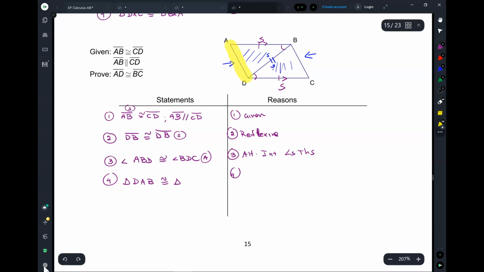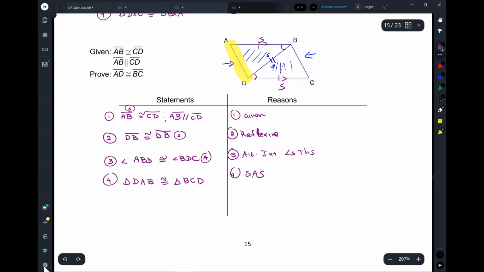I started from here and go BCD, because look, I started next to this angle. So BCD this way. Okay. Will that be SAS? It's SAS, yes.